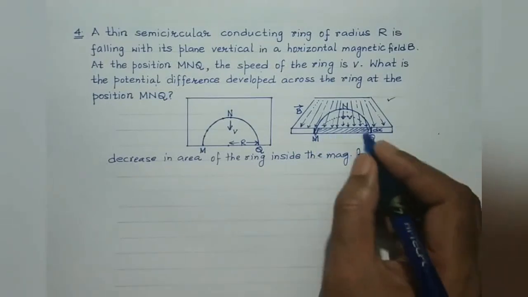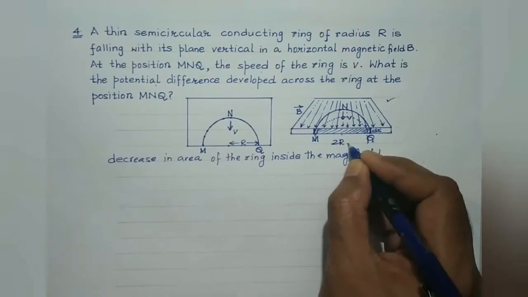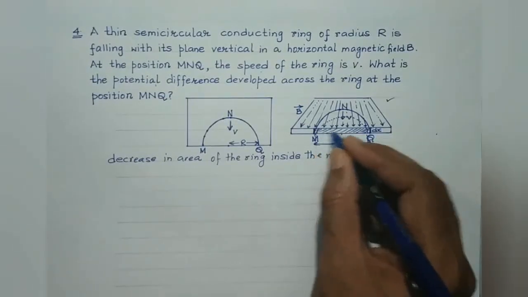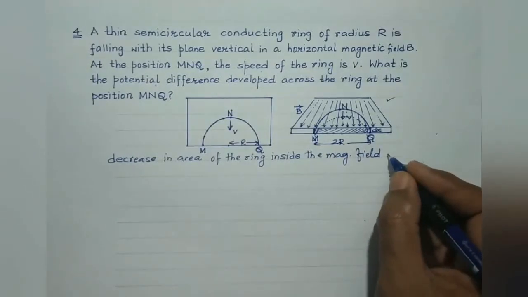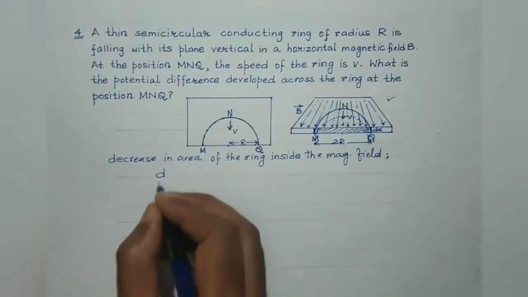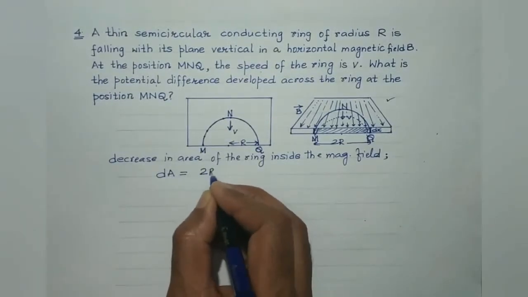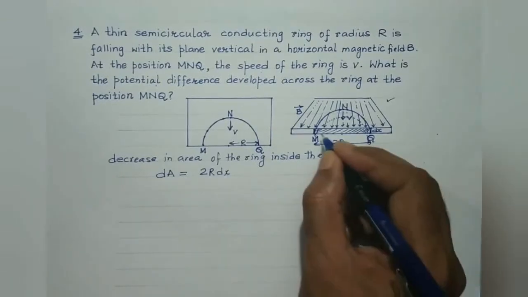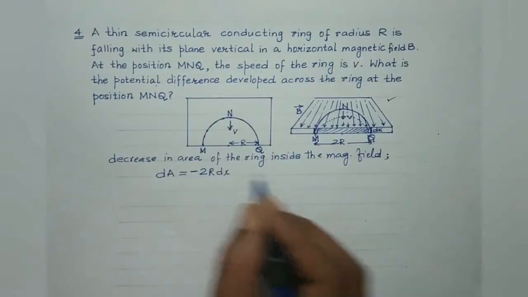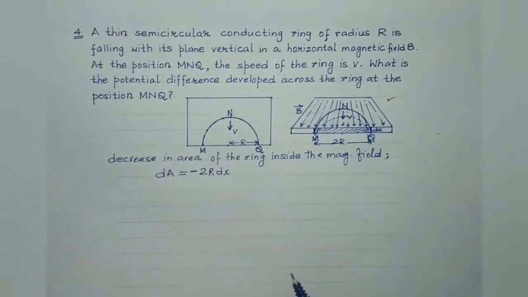The area of this portion would be, this will be the diameter, which will be equal to twice the radius, and this one is dx. So what is the area of this portion? It will be 2r. It can be considered to be dA, decrease in the area. It will be equal to minus 2r dx. This will be the length and this will be the breadth, right? And this negative sign suggests that there is a decrease in the area of the ring inside the magnetic field.